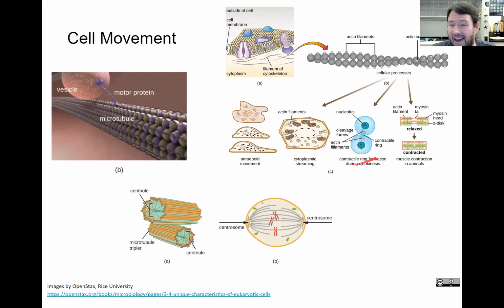When cells divide, it's the cytoskeleton that physically separates the DNA and then also physically separates the cytoplasm of those daughter cells. Movement of organelles inside of a cell is happening involving the cytoskeleton as well. So there's a lot of different, very important things that the cytoskeleton allows cells to do.